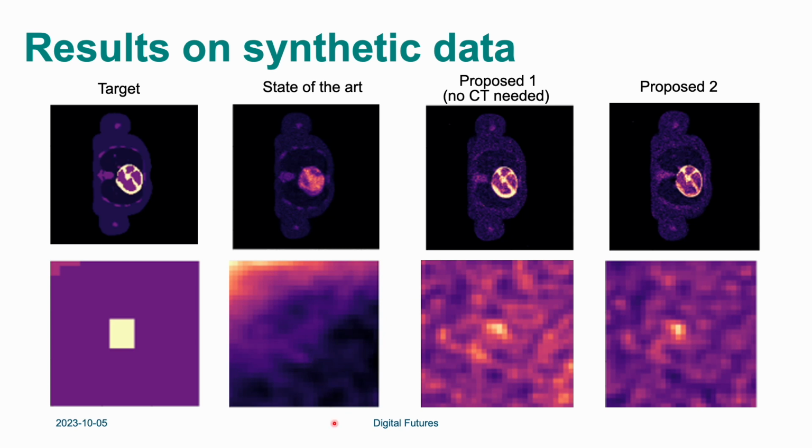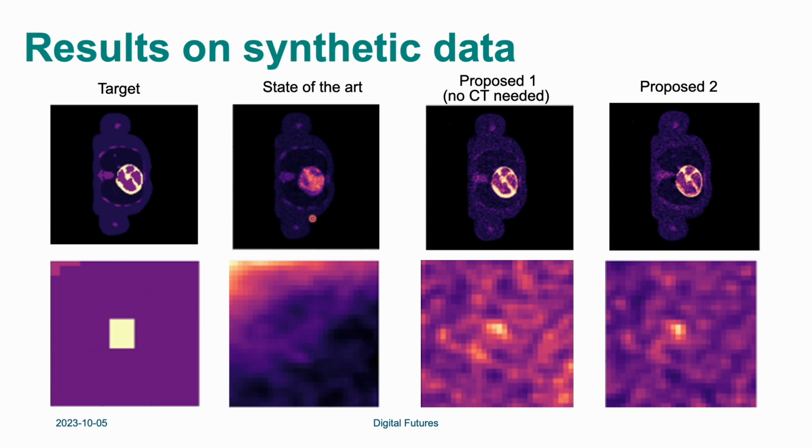So here you have the target reconstruction. This is the noise-free phantom. Here you might be able to see two lesions, one very close to the heart, which makes it even more challenging to see, and one slightly further away from the heart. And here you have a blow-up of a region of interest around one of those lesions.